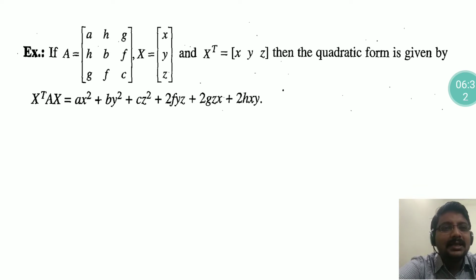Just multiplying these three matrices, we have the expression ax² + by² + cz² + 2fyz + 2gzx + 2hxy. The expression has each term of degree 2. All the terms having degree 2, it is known as a quadratic form.